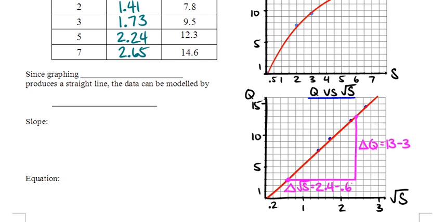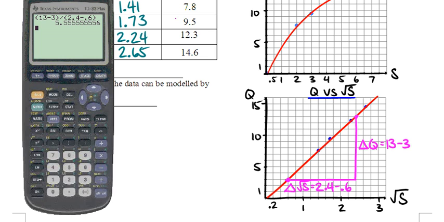And once you've pulled your numbers, go ahead and calculate slope. It's going to be rise over run. Don't get it backwards and do it the other way around. So if I plug those numbers into my calculator, being careful to use brackets appropriately, I get 5.55555.